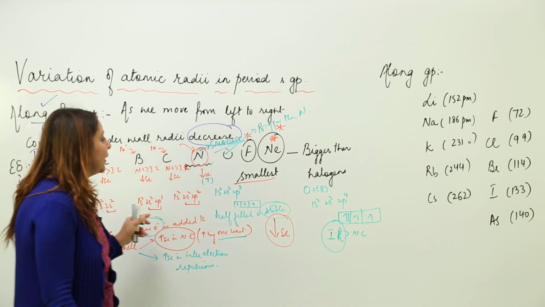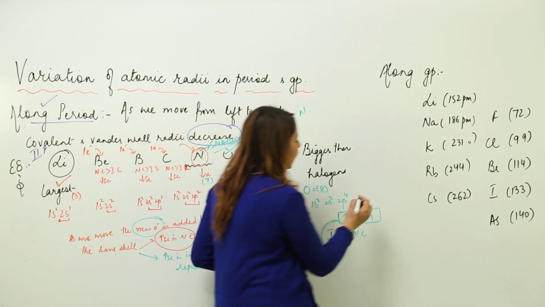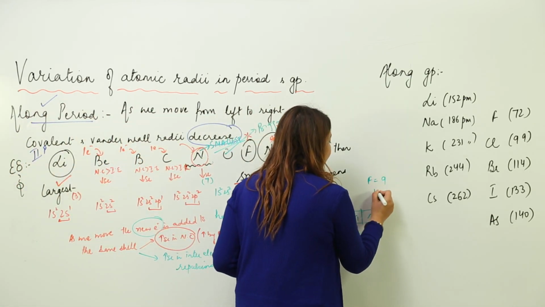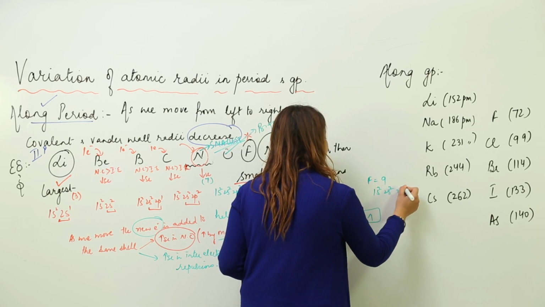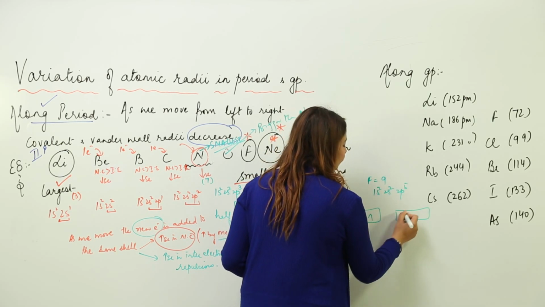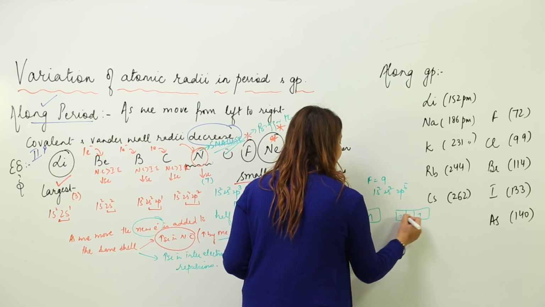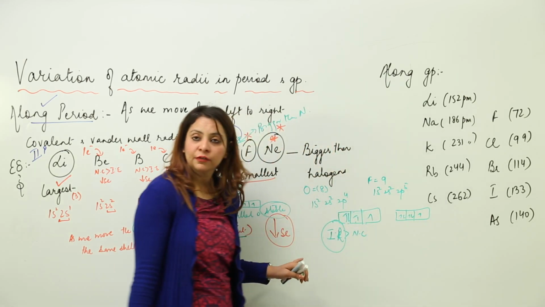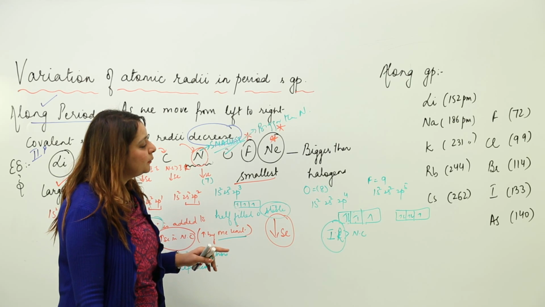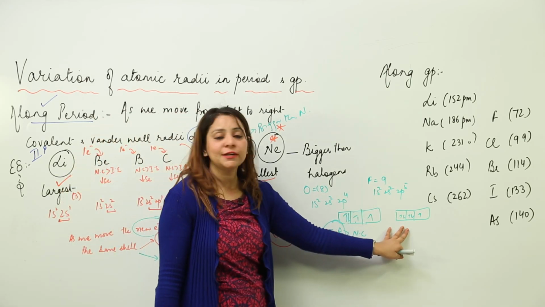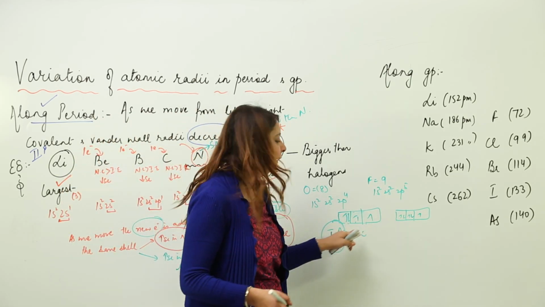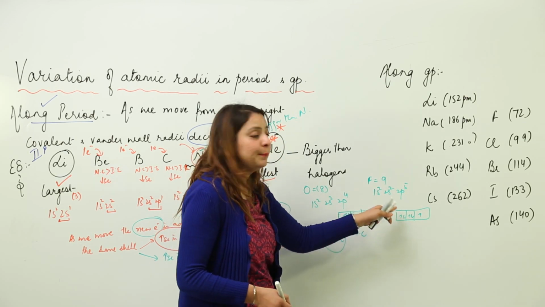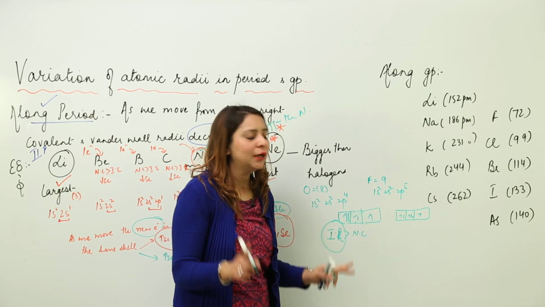nitrogen. And again, if we move from oxygen to fluorine, whose atomic number is 9 and electronic configuration is 1s2 2s2 2p5, that means it has 5 electrons in the 2p. So you must be thinking that here the inter-electronic repulsions will be much more than oxygen, so it should be bigger than oxygen, but it's not like that.